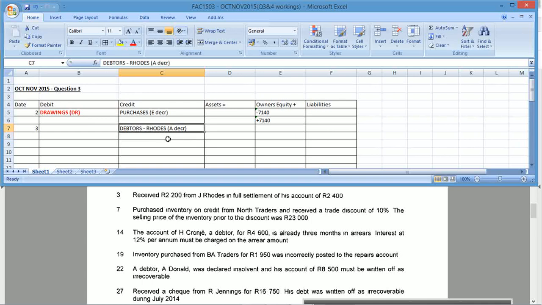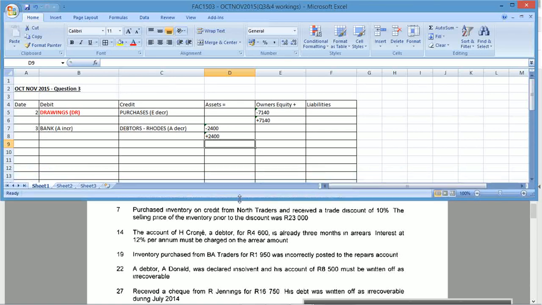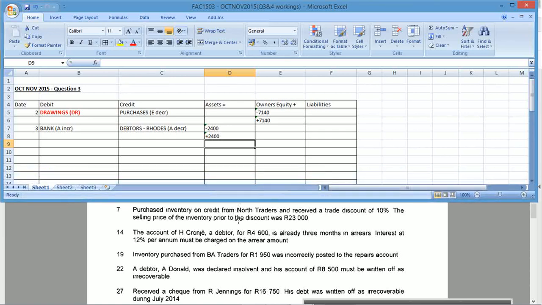So it's a debtor. It's decreasing. Bank will be increasing. Asset goes up, asset goes down. You're going to have the same thing here, plus and minus 2,400. Got that? Number 7. Purchase inventory on credit from North. If you're buying on credit, you're going to affect a liability, which is creditors.